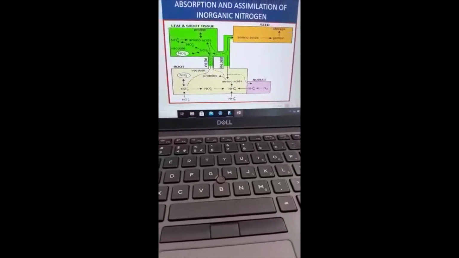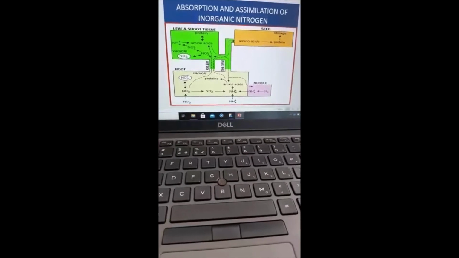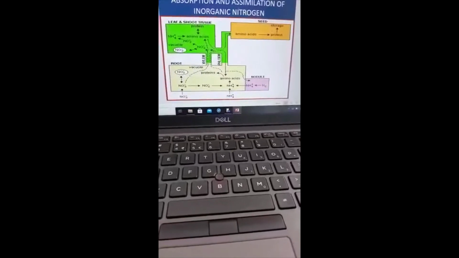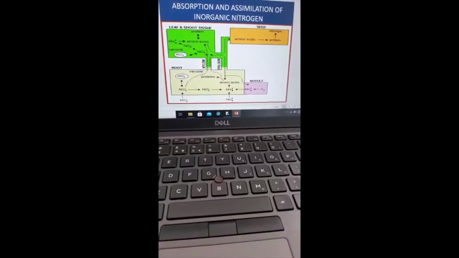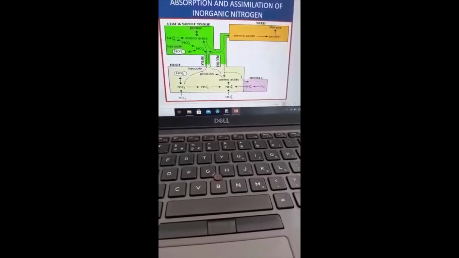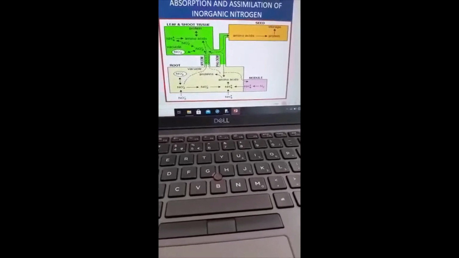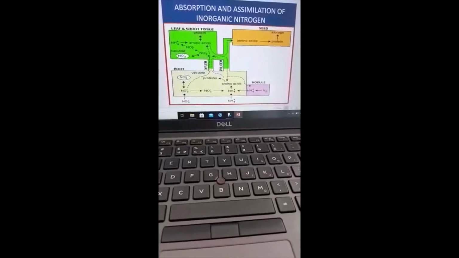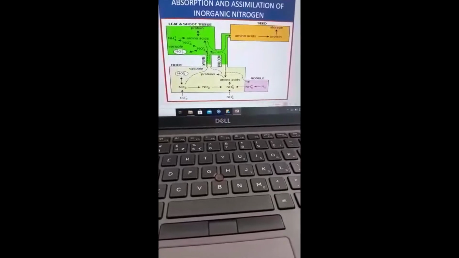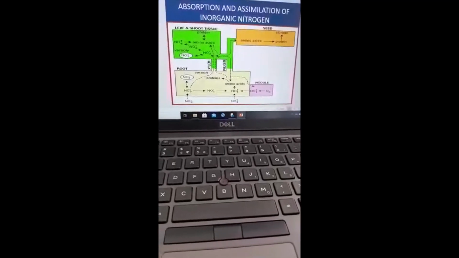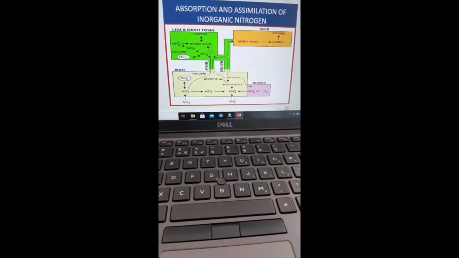Remember, the main reason why a plant absorbs nitrogen from the soil is for it to be able to use that nitrogen to make its own amino acids, also to use that nitrogen as a component of its nucleic acids, and so on. That is the main reason why plants keep on absorbing nitrogen from the soil.